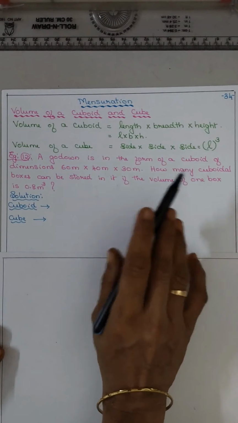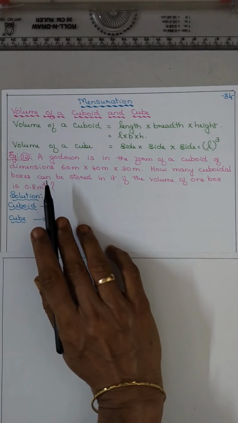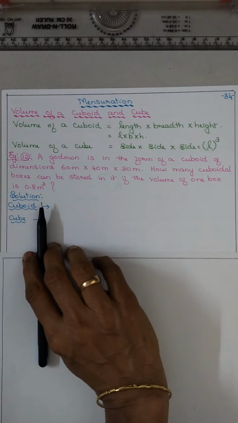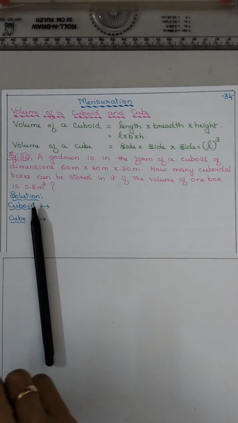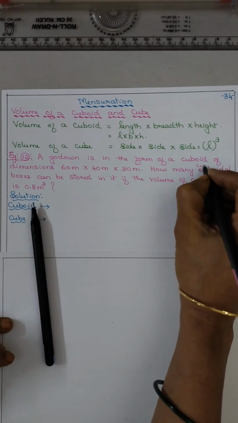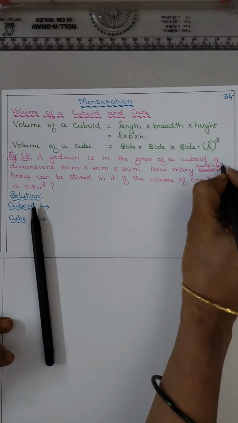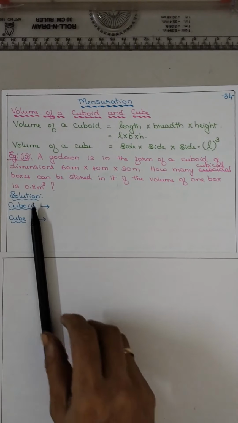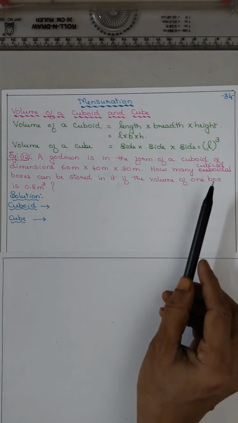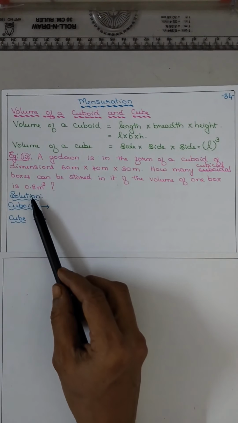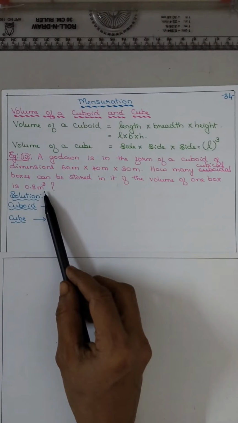Sorry, it is cubical boxes, because it is a cube, not a cuboid. How many cubical boxes can be stored in it if the volume of one box is 0.8 meter cube? So the volume of the cube is 0.8 meter cube.